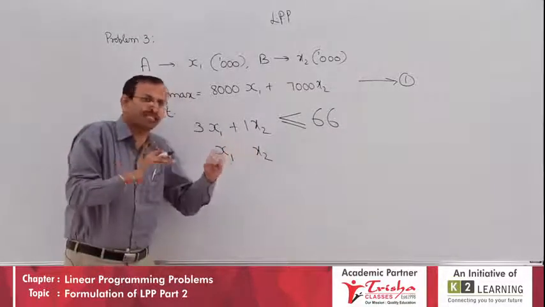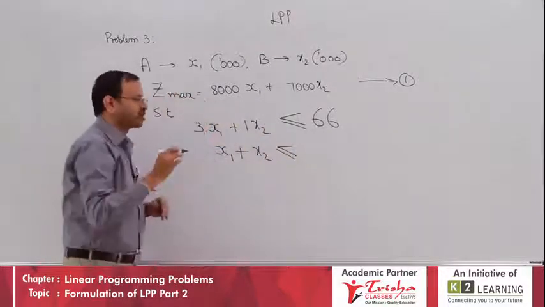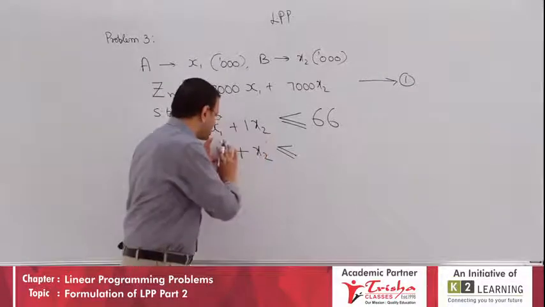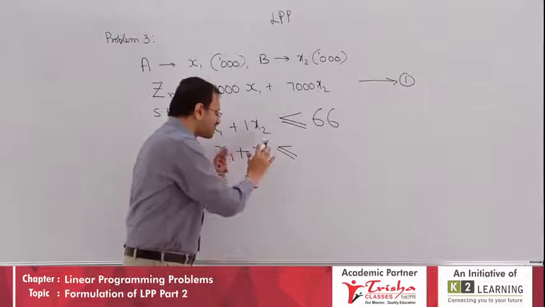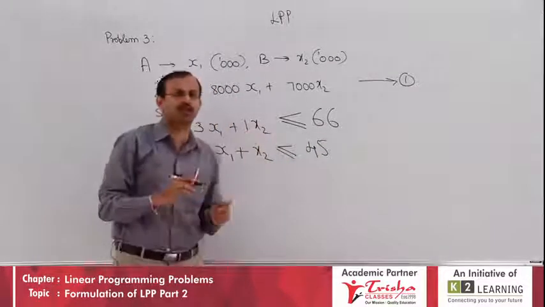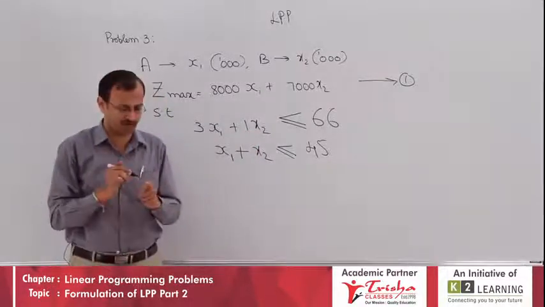But what is the maximum that I can have? Maximum is less than or equal to 45,000 empty bottles. This is 10, 20, total 30. Since it is in thousands, if I write 45, it is sufficient. Both put together 45,000 bottles of medicine A and B.